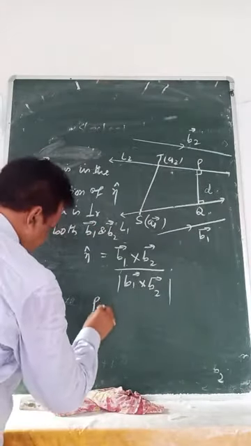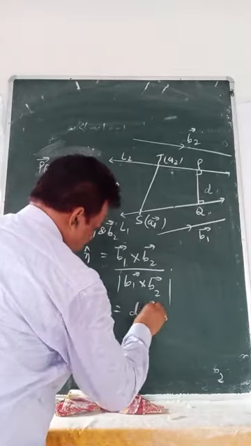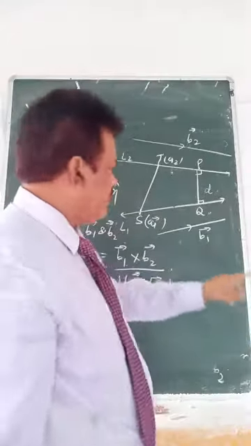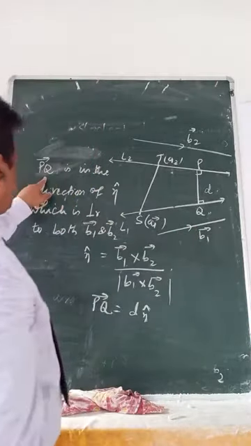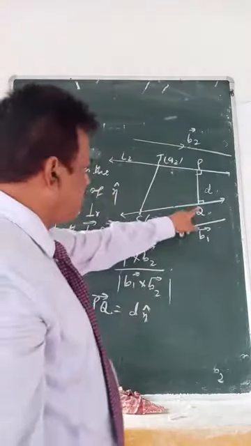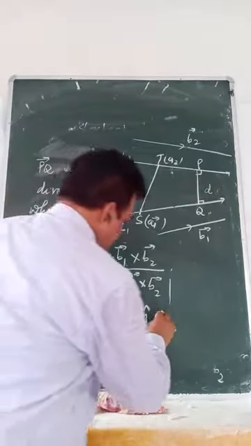PQ equals D N cap, because PQ is in the direction of N, so that will be the unit vector for this also. So PQ equals D n cap. Let's keep this concept here.